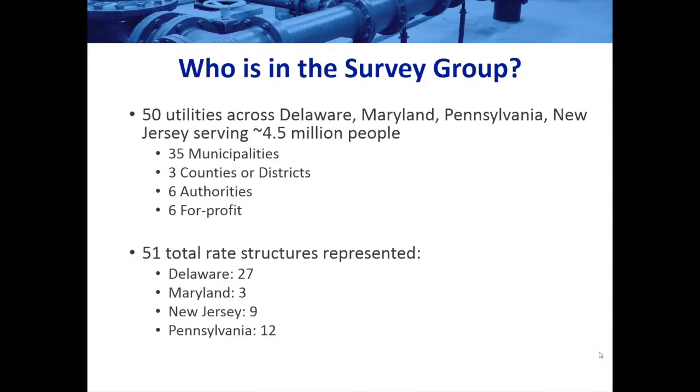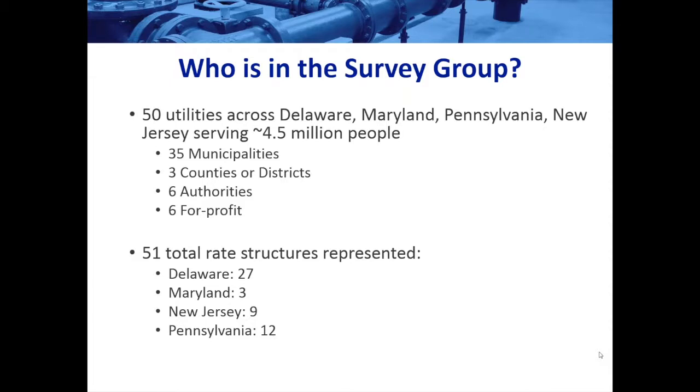Those for-profit systems include the major ones in the area like Aqua, Suez, Pennsylvania American Water, New Jersey American Water, and Artesian Water Company. The municipalities in the survey range from very large cities like Baltimore and Trenton and Wilmington in Delaware to very small systems like Magnolia and Delaware City.